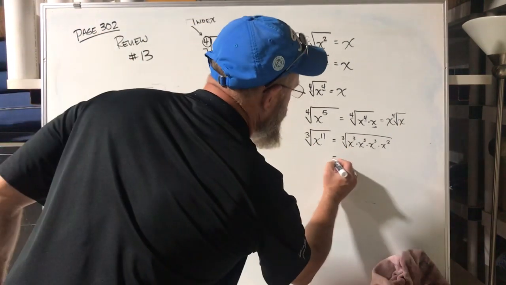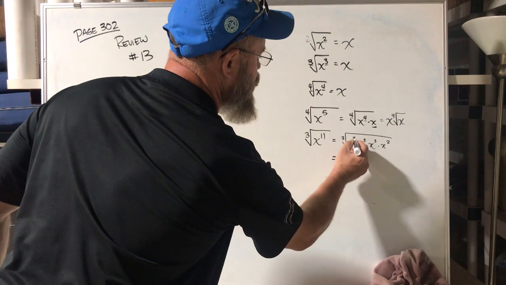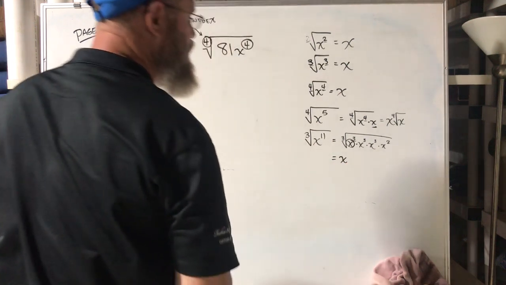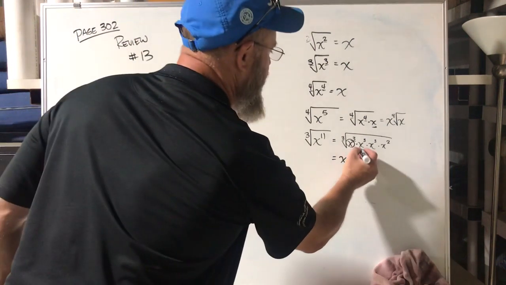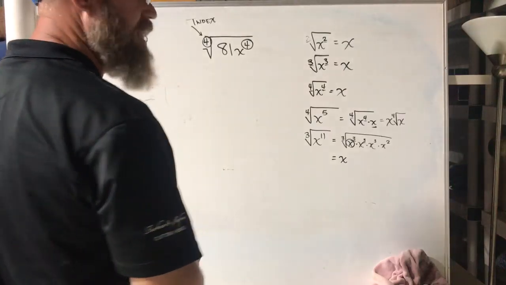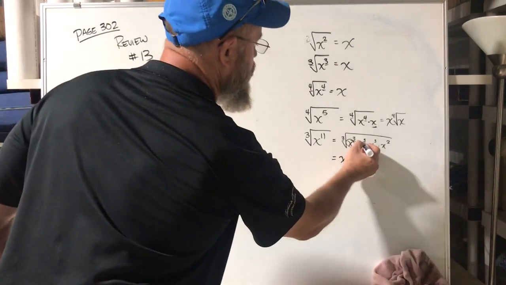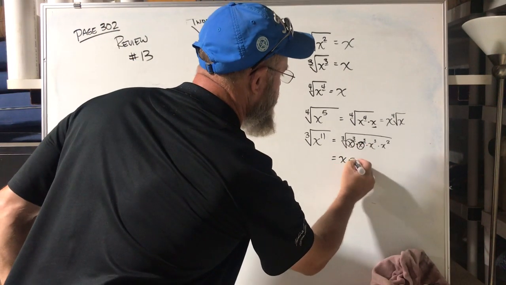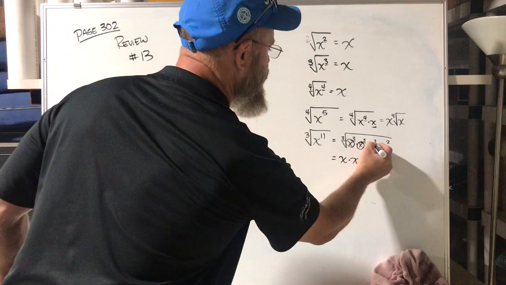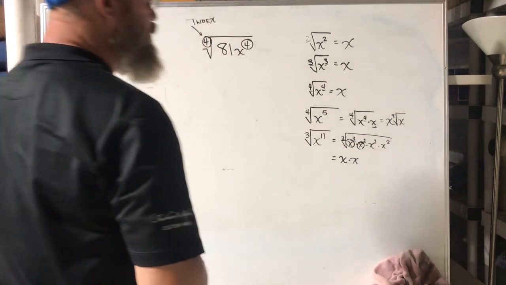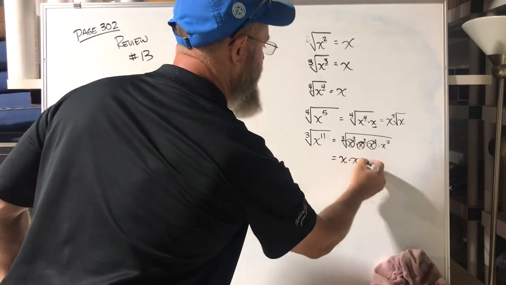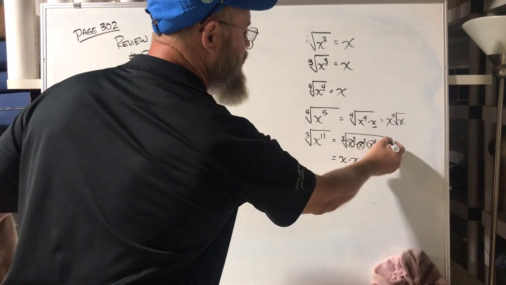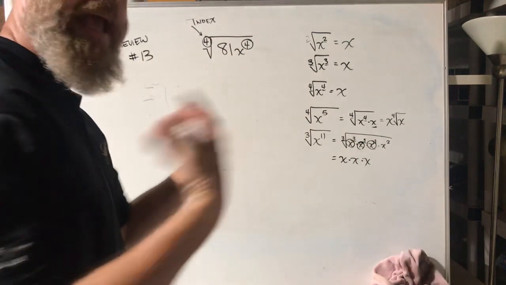So that would equal, I've got this one, I've got x cubed. That's the same, so I can pull that base out. So I'd have x, all right? And then I have this guy here, that's another x cubed. So this is equal to that, so I can pull out another base. Then I have a third one, where the exponent is equal to the index, so I pull that base out. And then what's left, if your exponent is less than your index, you can't pull it out.